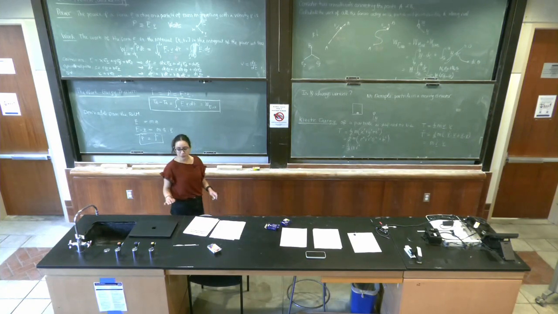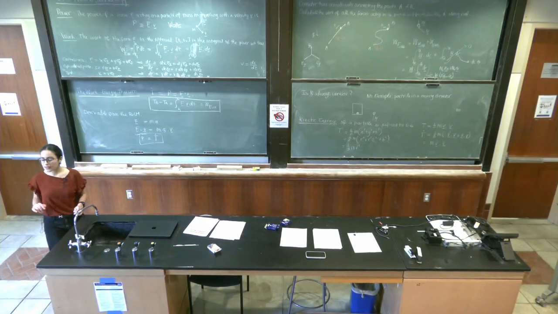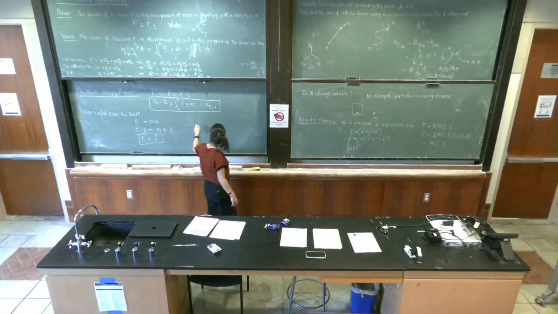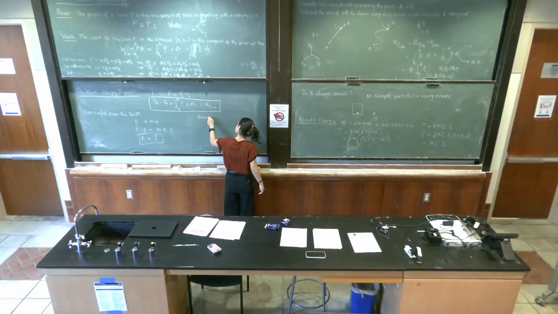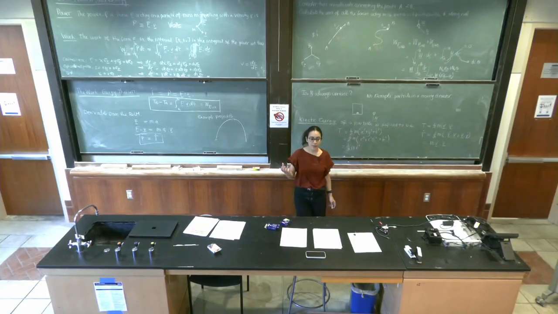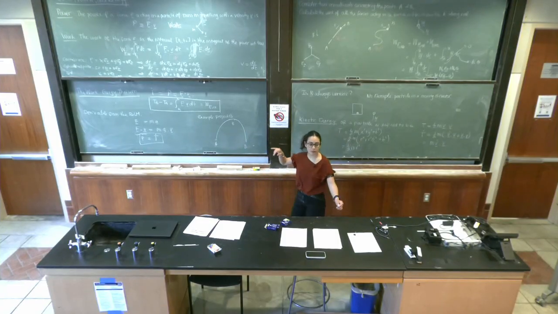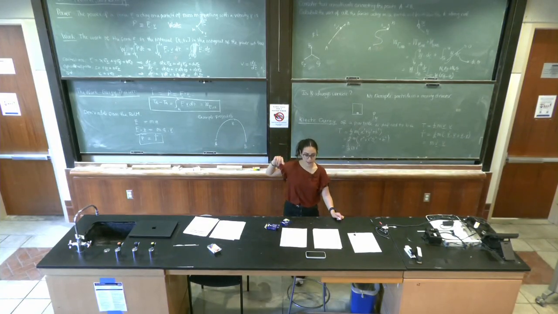Okay, any questions? Let us go back to the projectile example. For the projectile example, if you want to apply the work energy theorem between points A, B, and then B, C. Between A and B, we said that the work of the weight is going to be negative, right?